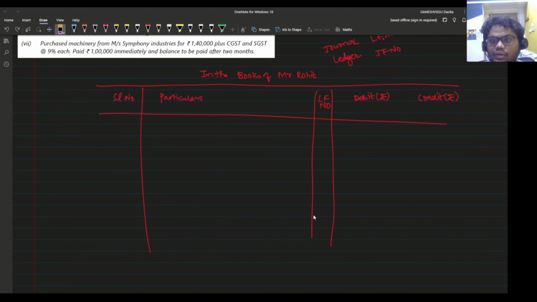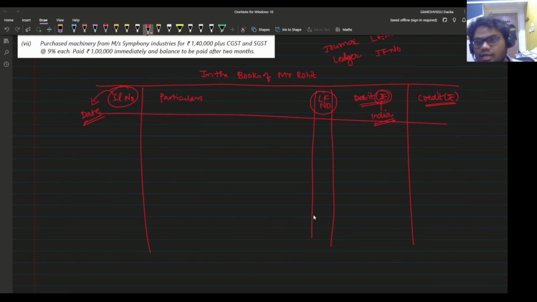Let me show the format once again. This is the format of journal. Instead of a serial number, usually you will have date, particulars, ledger folio number, debit rupees, and credit rupees. This rupees here is Indian currency. In India we use rupees, so that is the currency we have.